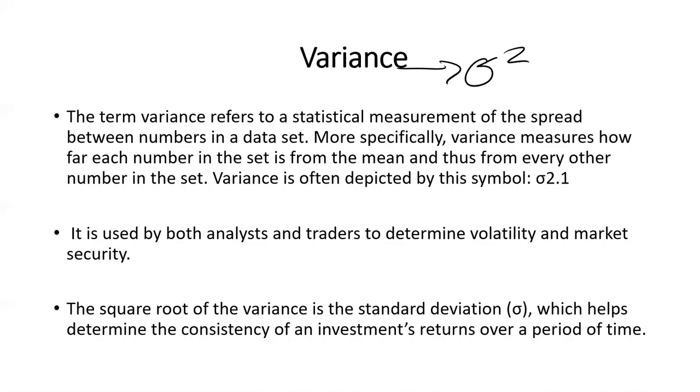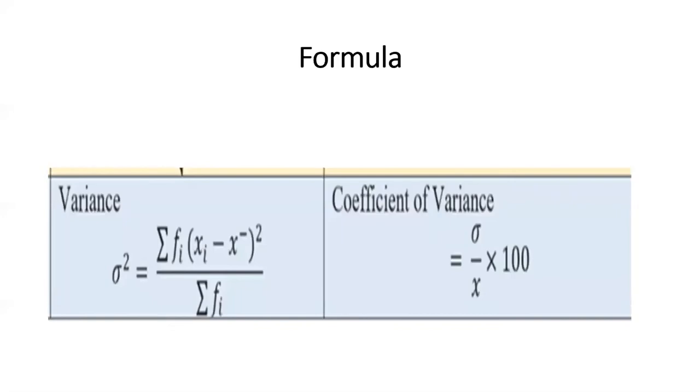So that's all about variance. Here is the formula: sigma square is equal to summation f1 into (x1 minus x bar) whole square divided by summation f1, and the coefficient of variation is sigma divided by x bar, meaning SD divided by mean, into 100.